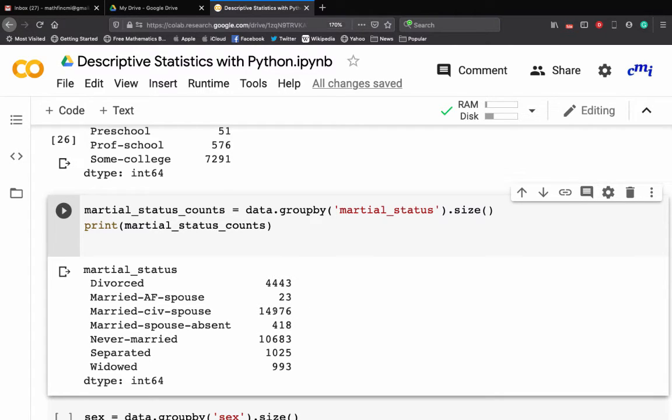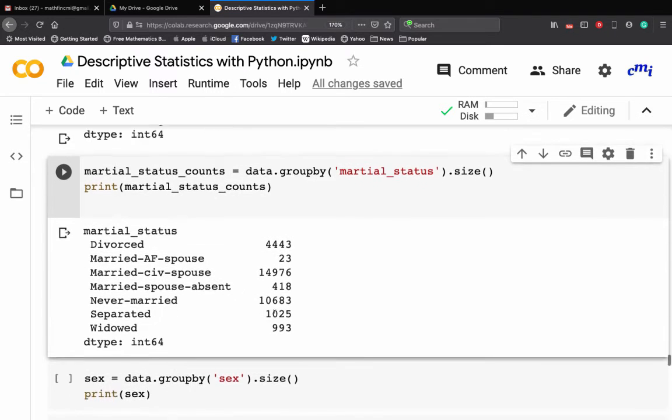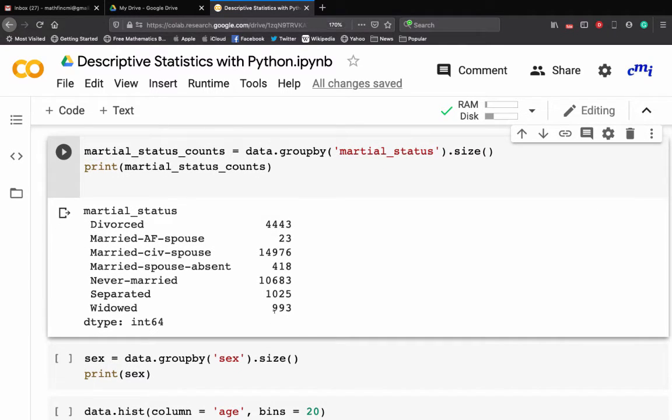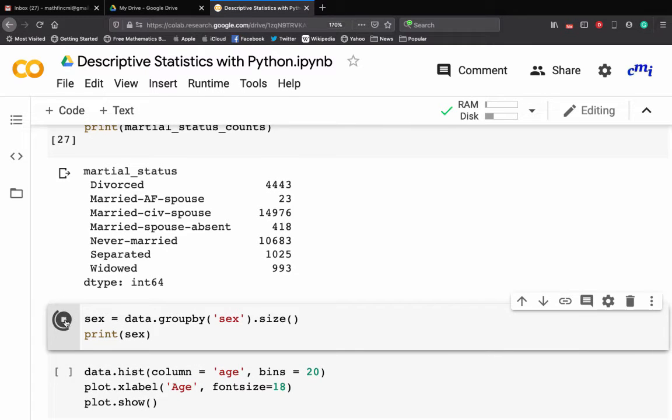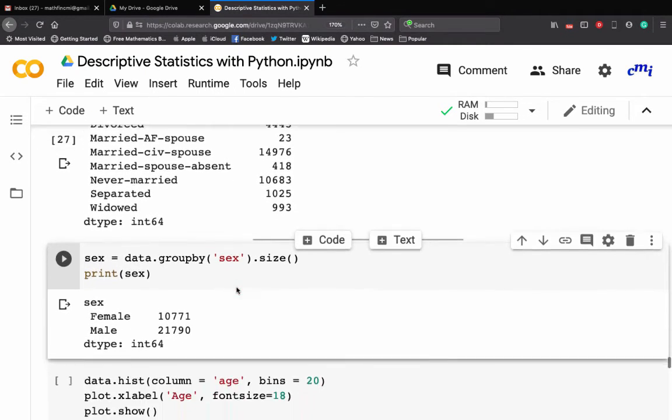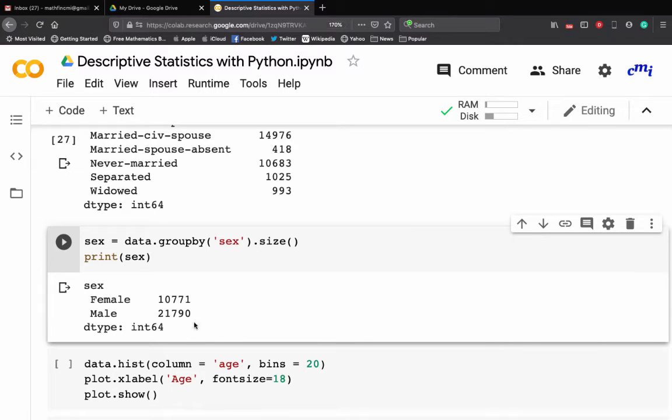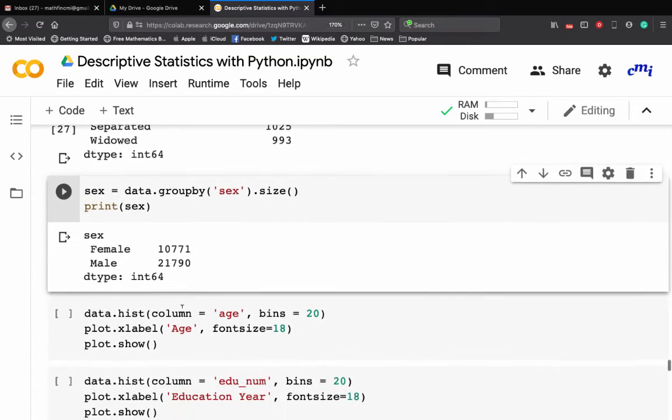About 15,000 of them are married out of 32,000, so half of the sample is married. If we look into the gender, out of 32,000, 21,000 are male and 10,000 are female. So there is a little bit of gender inequality or gender bias present in the data set overall.